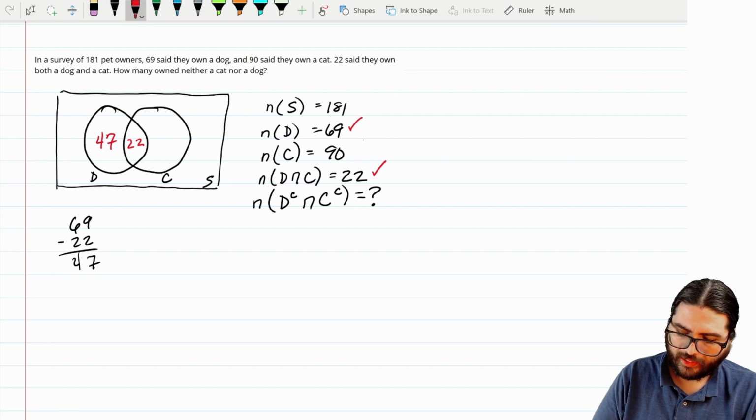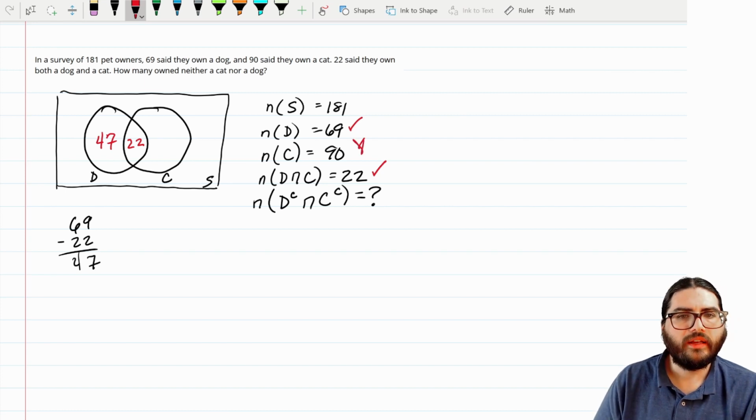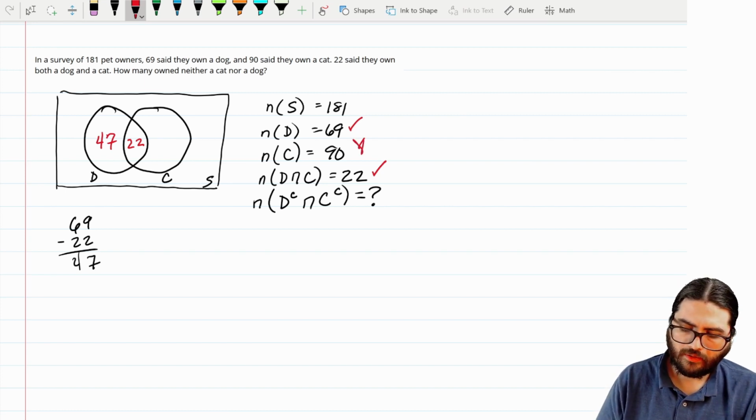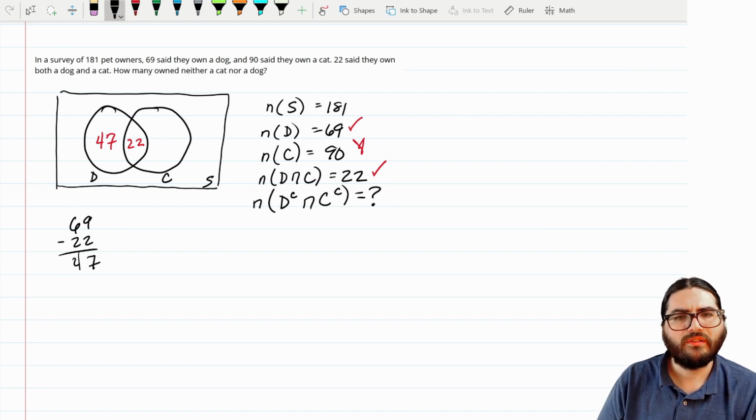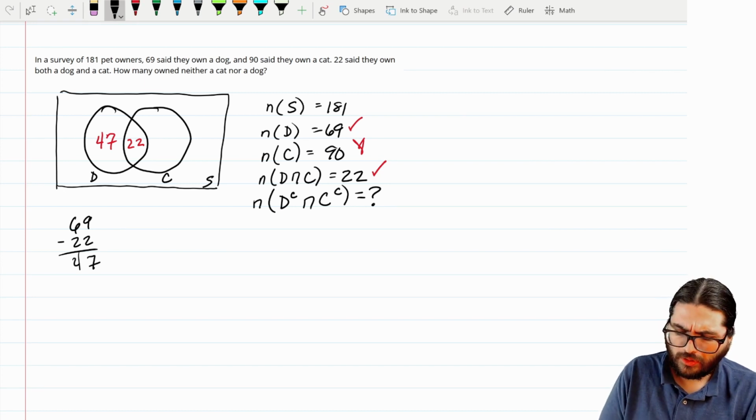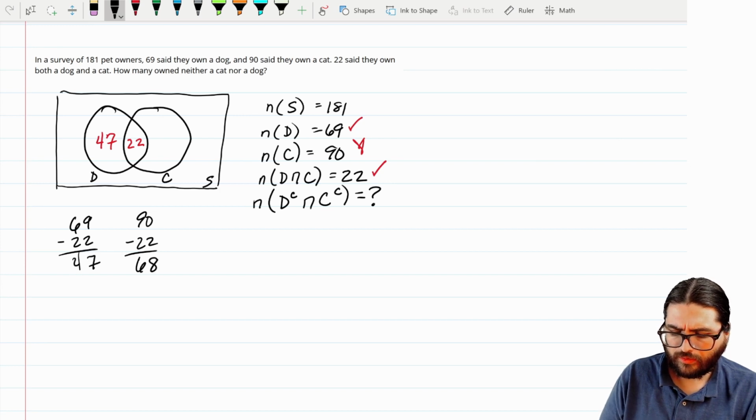Now let's work on the cats. 90 people own a cat, but I've already got 22 of them accounted for. So I have 90 and I've already got 22 of them. 80, 70, 68.